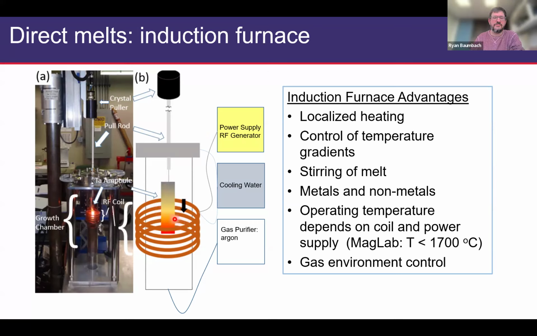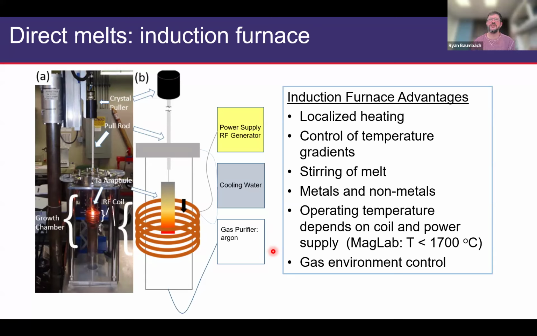And that heat will, of course, be transmitted into whatever material you put inside of the crucible. And if that material is metallic, it'll also couple to the magnetic field. All right, so in this way, you can have good control over how you're heating something. And what's more, you can easily reach decently high temperatures, certainly higher than what you can reach in a normal silicon carbide heating element, resistive furnace.